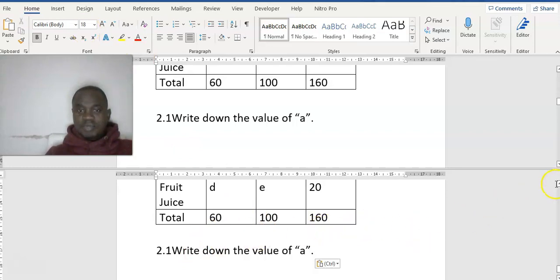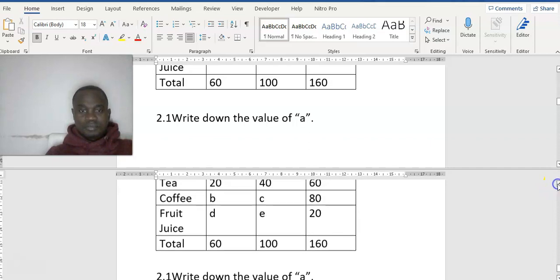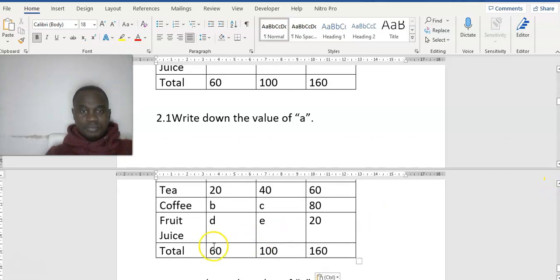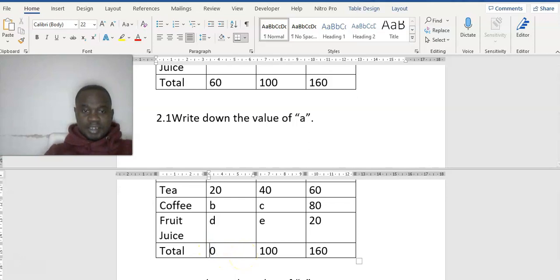I'm changing this one to 80. Let me make it 70. Just change it. So it means this one is going to be 170. Are we together? So you do that one. Find the value of A.